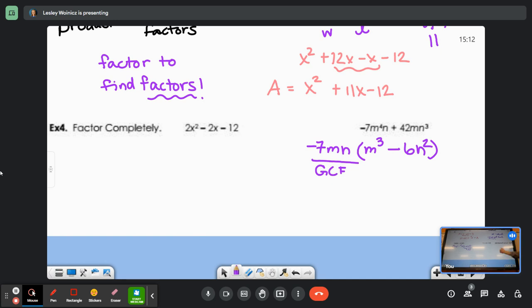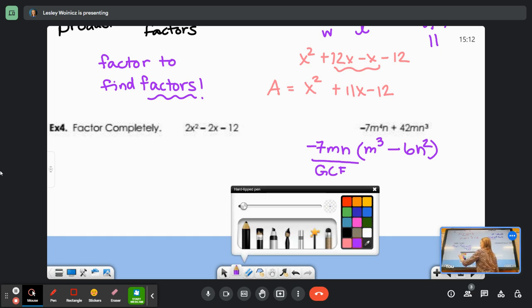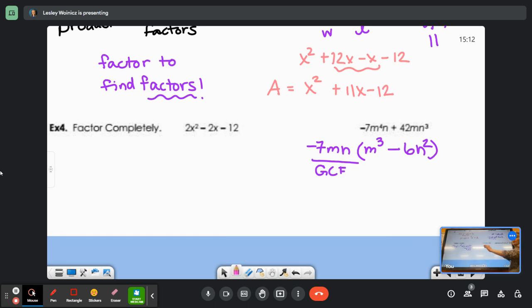So if I look at this example, do you see the GCF? It's 2. Can I take any x's? No, because this one doesn't have an x, right? So I can factor out a GCF. Whoops. Brain fart. I meant to put it underneath the line and I wrote it up high.